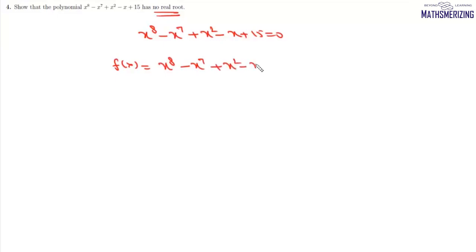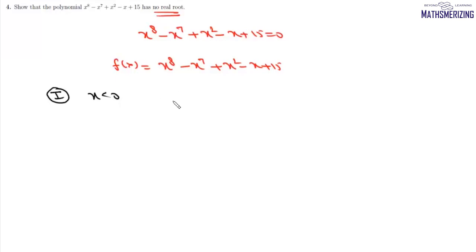Now question number 4 is, we need to show that this polynomial, x to the power 8 minus x to the power 7 plus x square minus x plus 15 equals 0, has no real root. Now what we'll do is, we'll take a function f x as x to the power 8 minus x to the power 7 plus x square minus x plus 15. Now we'll consider the first case when x is less than 0.